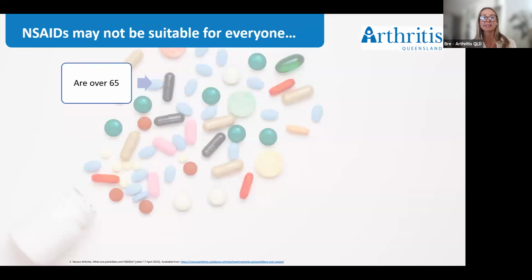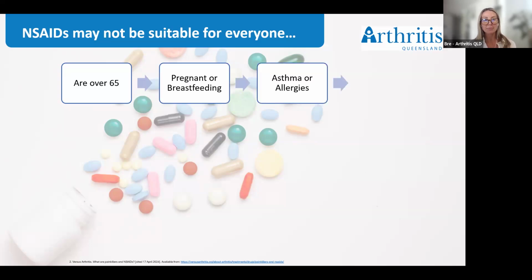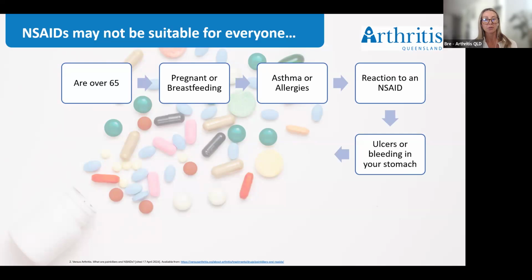With NSAIDs, they may not be suitable for everyone. The type of NSAID you are prescribed may depend upon other health issues, such as if you're over 65, pregnant or breastfeeding. If you have asthma or other allergies, if you've had a reaction to an NSAID before, or if you've got stomach ulcers or bleeding in your stomach, they're not suitable for you.